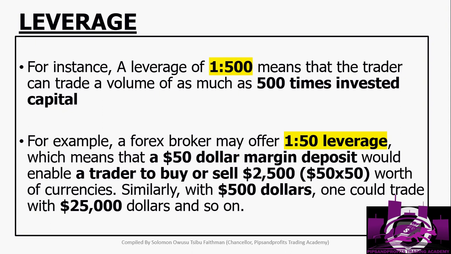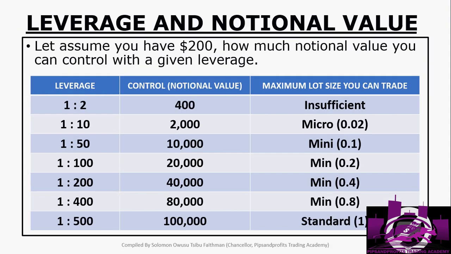Okay, and similarly, if you have $500, when you are given a leverage of 1:50, you can trade with $25,000 and so on. And these $25,000 that I mentioned, or the 2,500 that I mentioned, as I said, it's a notional value. It is not added to your deposit, so it's not added to your invested capital.